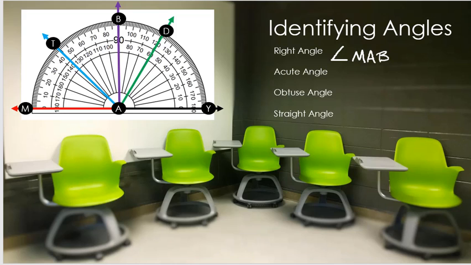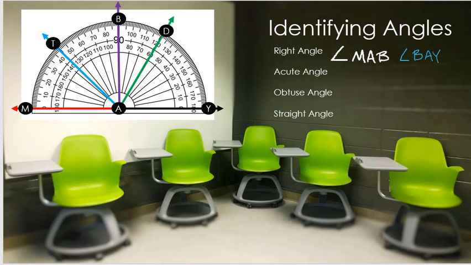You wouldn't say AMB because that's a different angle. And there are other right angles. You would have another right angle might be, let's see, yeah, I think you beat me to it, BAY would be another right angle.